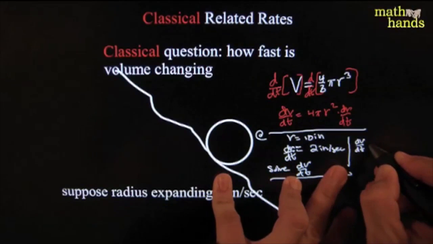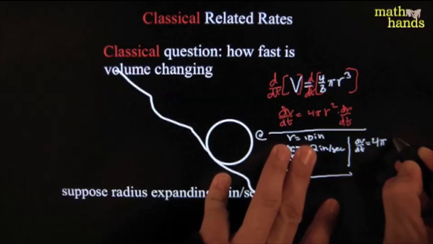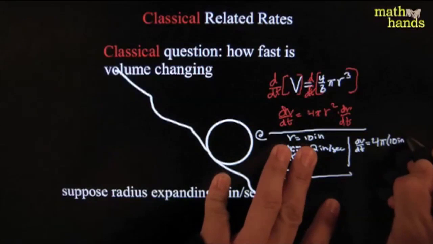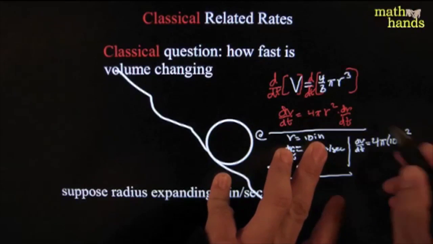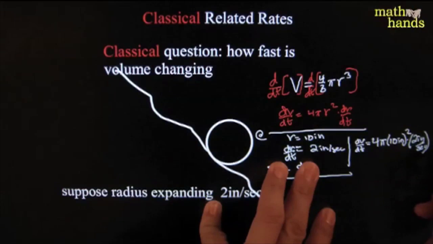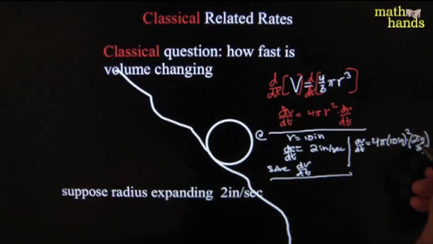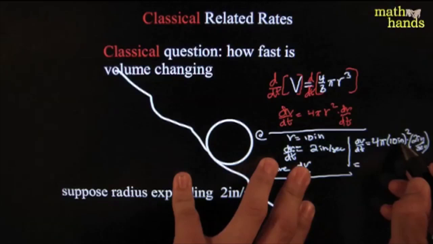dV/dt is equal to 4 times pi times the 10 inches squared. Notice how nice the units work out too. This would be inches squared times dr/dt, which was 2 inches per second. That's going to give you a total of, let me think, 10 times 10, that's 100.